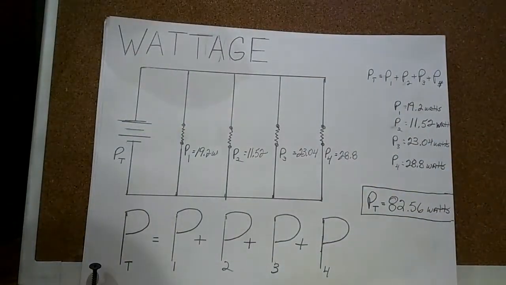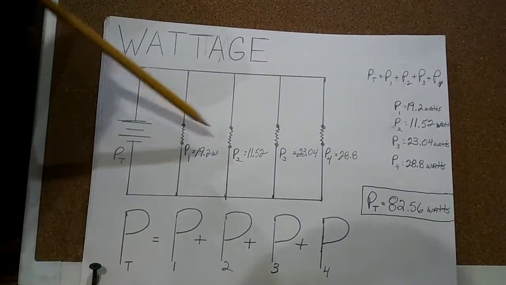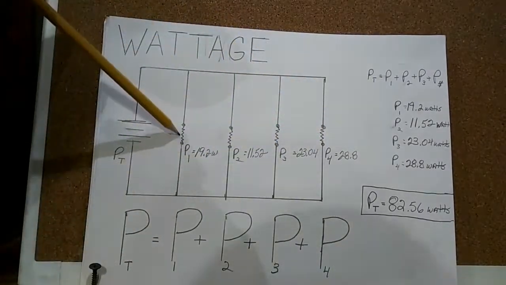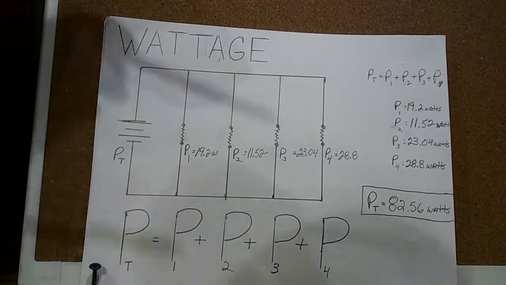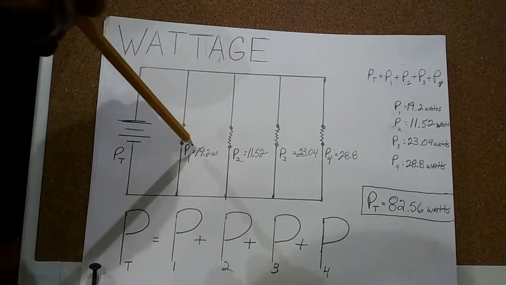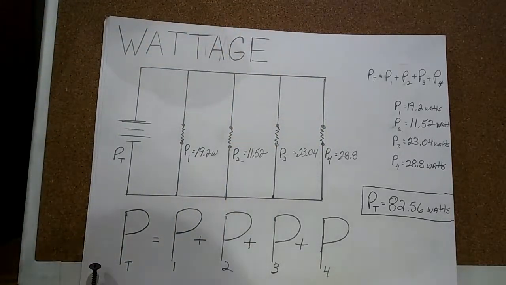Okay, now the power, or what we call the wattage in the electrical construction field, is the total power consumed through each resistor. The total power consumed through each resistor equals the total power. So all the power consumed through 1, 2, 3, 4 equals the total power, or the total wattage.